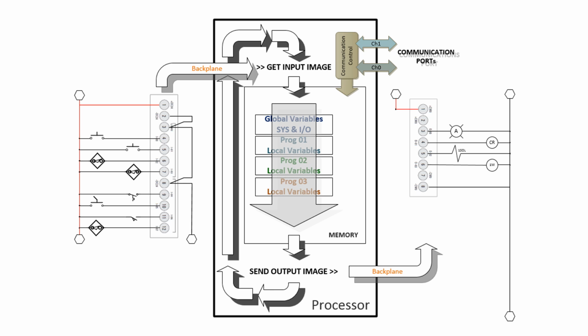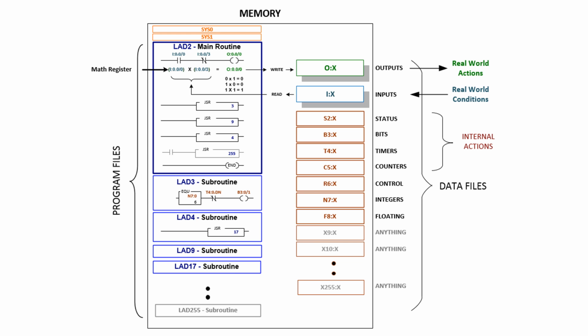Now, in case you're wondering what a variable was, I'll jump back here: output :x, input :x, S2, T4, N7, etc. Those are all variables. They are memory locations defined with specific data types for you to use in your program. With 500 products, RSLogix 500, all the variables were predefined.